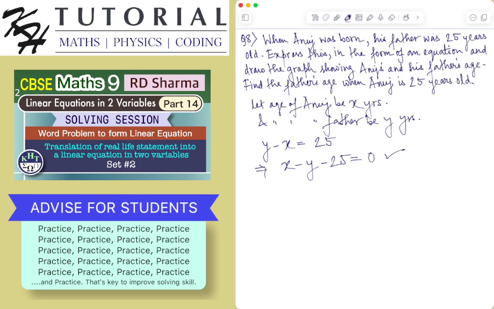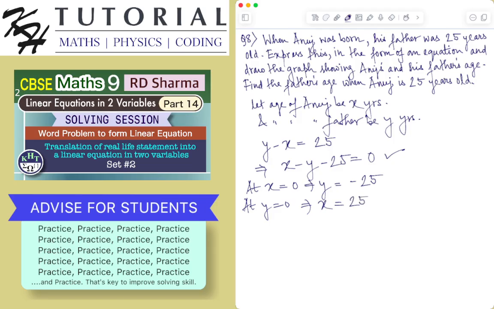So from this equation, if I consider x equals 0, what will be the value of y? y will be minus 25, and at y equals 0, what will be the value of x? If y is 0, then the value of x will be 25.